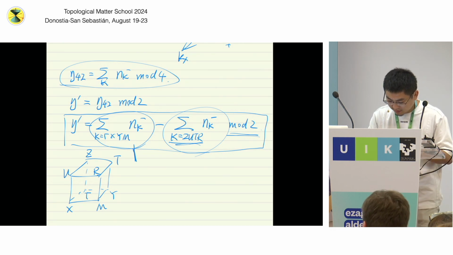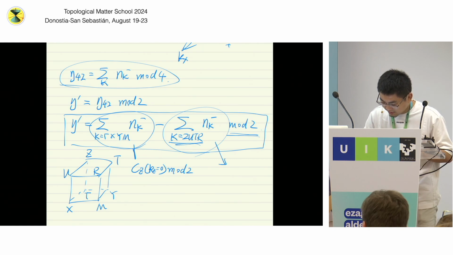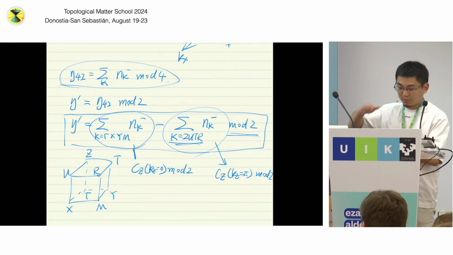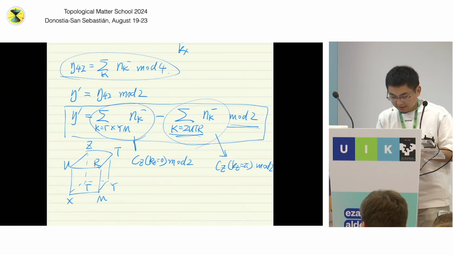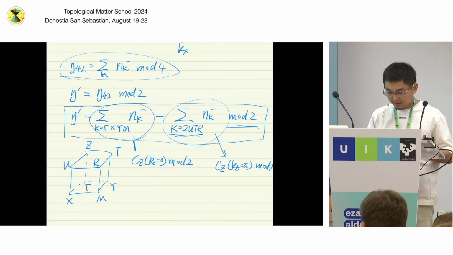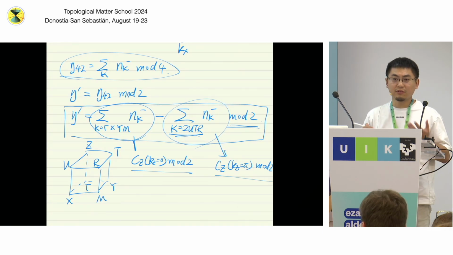So this is kz equal to 0 mod 2, and this is kz equal to pi mod 2. So we can compute the Chern numbers at the two different planes. And now, if this eta prime equals 1, that means these two planes have different Chern numbers, right?